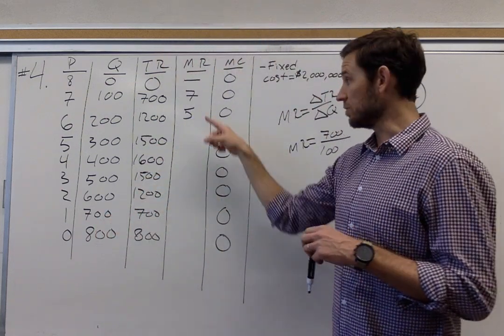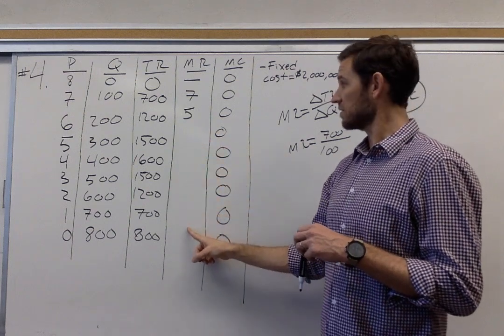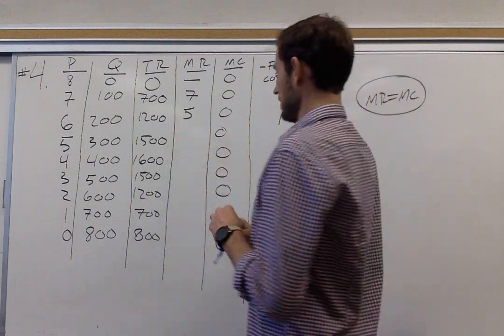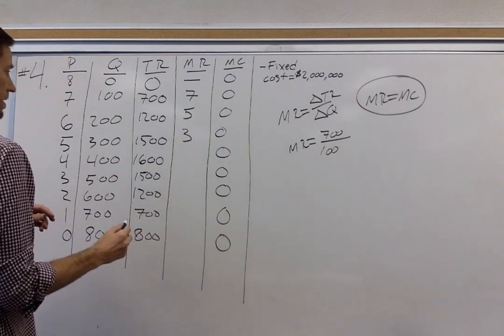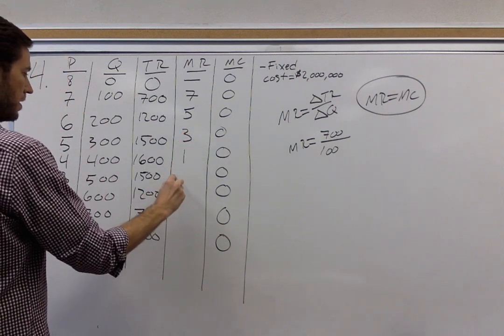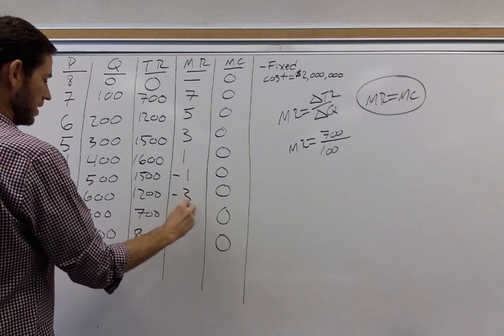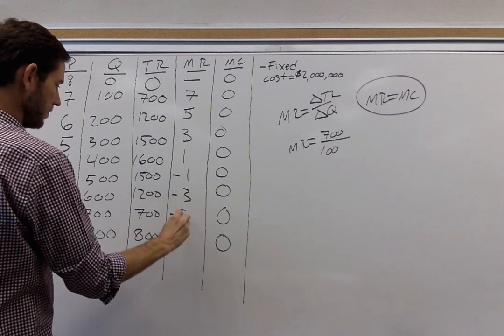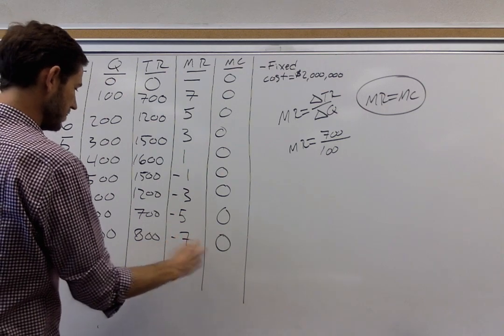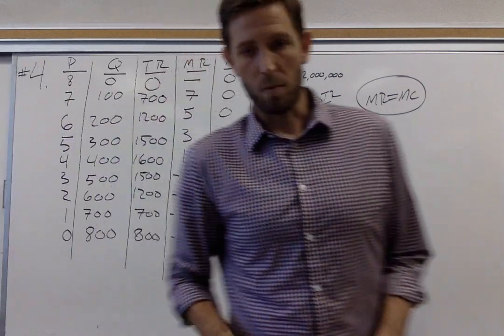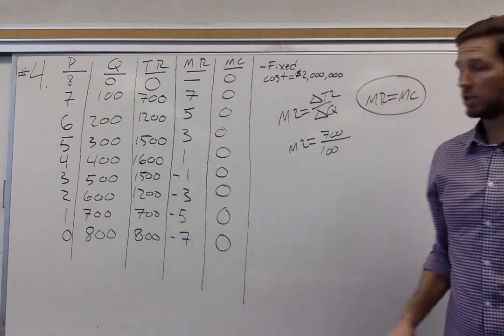That's the practice we're going to use throughout, filling out the rest of these. So then I can just sort of eyeball it for the rest of these. You should be able to do this too. I'll go a little bit more quickly. That's going to be 3, and 1, and -1, and -3, and -5, and -7. So our marginal revenue column should look just like so.